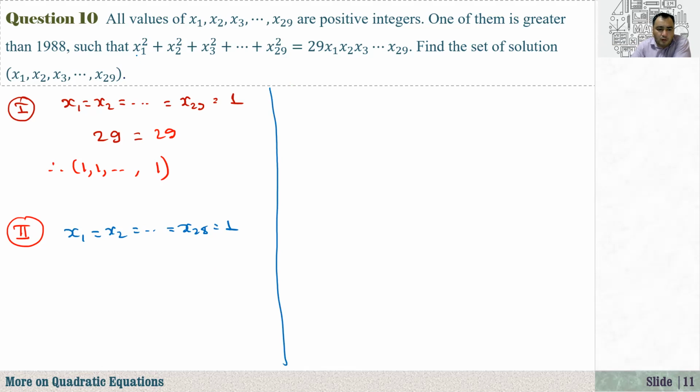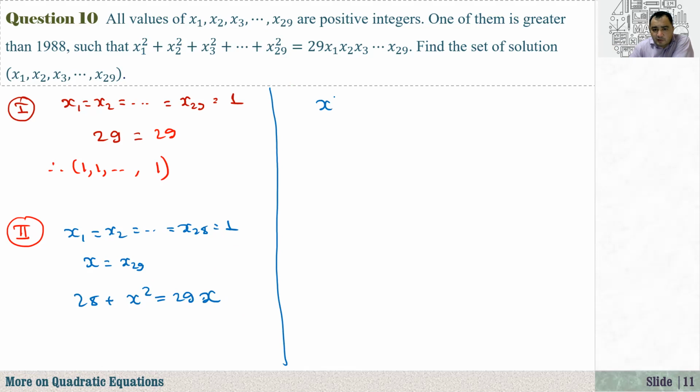On the left-hand side, 1, 1, 1, 1, so here we have 28, and here we have x. Let me label it 29. For simplicity, let's say x is equal to x29. At that time here we have 28 plus x squared. On the right hand side, 29 times 1 times 1 and x, that's 29x.